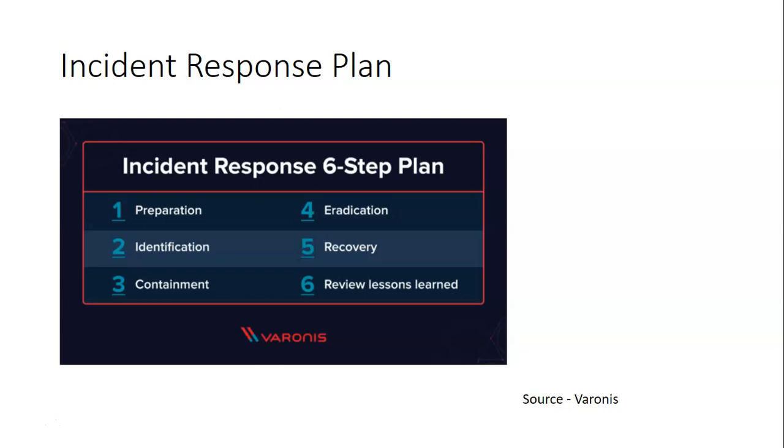Then next up we have what's called recovery. In recovery, you are restoring the IT systems, the organization's systems, back to normal operating mode. So for the case of ransomware, you are restoring from backup.